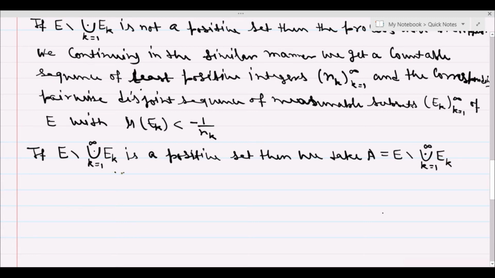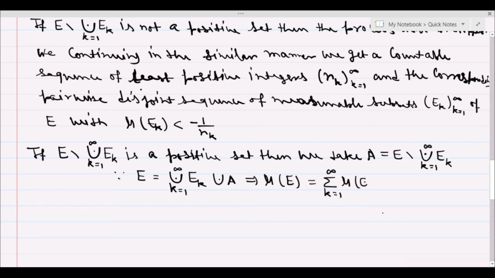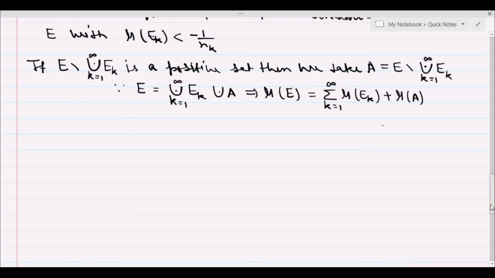Since E can be written as union k is equal to 1 to infinity ek union A, this implies that mu of E is equal to summation k is equal to 1 to infinity mu of ek plus mu of A, because you know that your signed measure is countably additive.